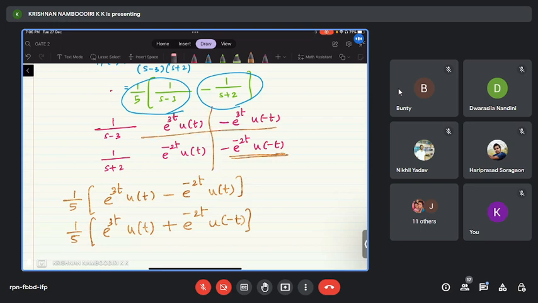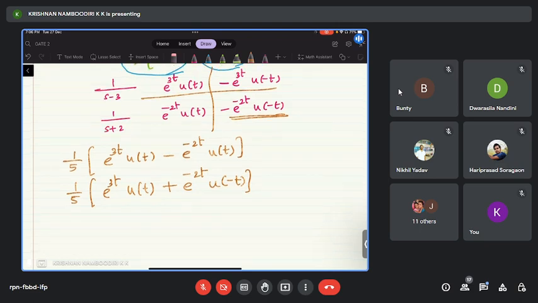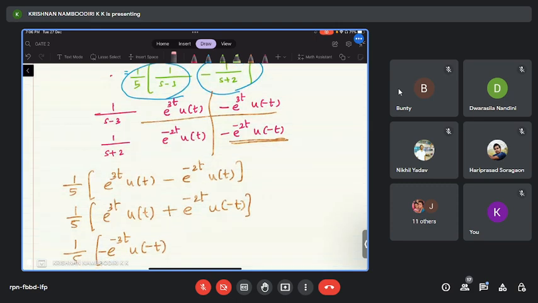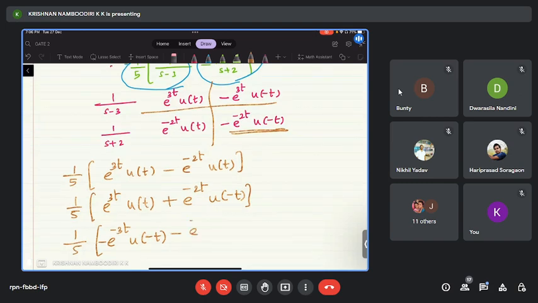So basically, you have 4 possibilities. The next possibility: the first signal is a left-sided signal, minus e^(3t) u(-t), and the second one is e^(-2t) u(t).